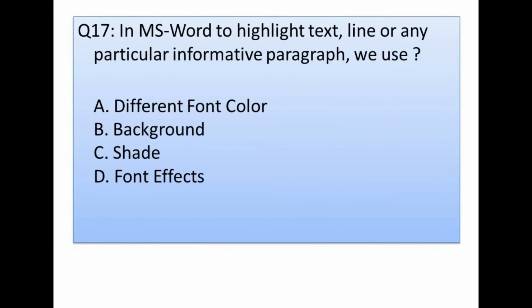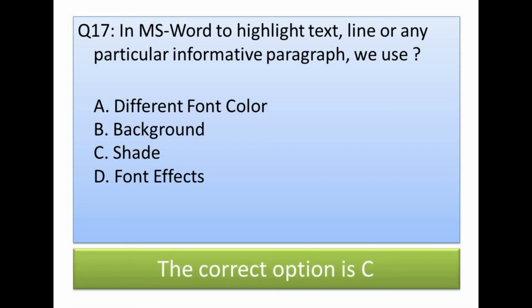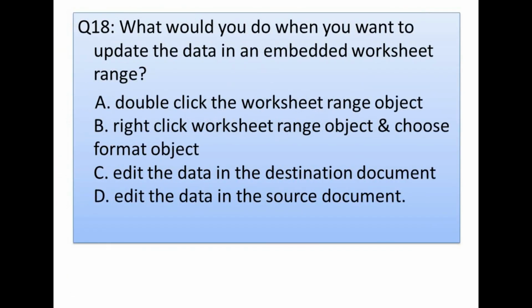In MS Word, to highlight text, line or any other particular informative paragraph, we use different font color, background, shadow, font size, font effects. So the correct option is C. What would you do when you want to update data in an embedded worksheet range?